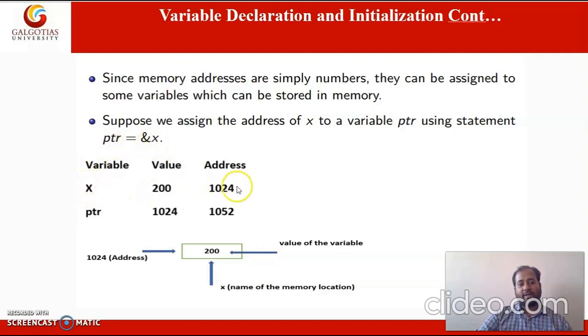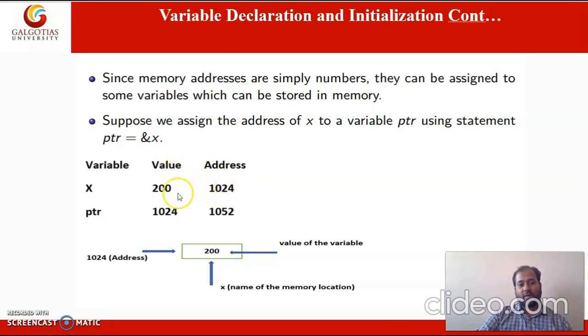So this is the variable x is equal to 200 and it is stored at the memory location 1024, and using the statement ptr is equal to ampersand x. So the variable name is ptr, the value will be address of x. So here we have assumed that address of variable x is 1024.